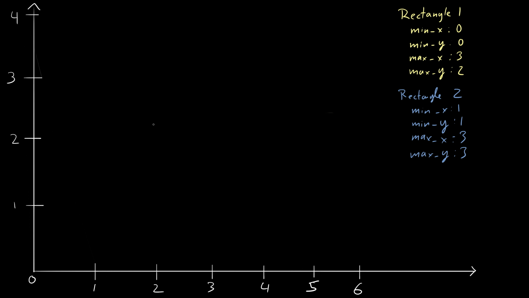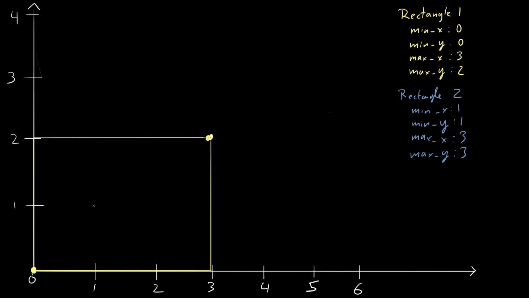First, we have the first point at 0, 0, which is this one. Then we have the second point, the other corner, which is 3, 2. So 1, 2, 3, and then 1, 2. Technically, you can draw your rectangle like this. Then the other one is rectangle 2. Let's do the same thing.